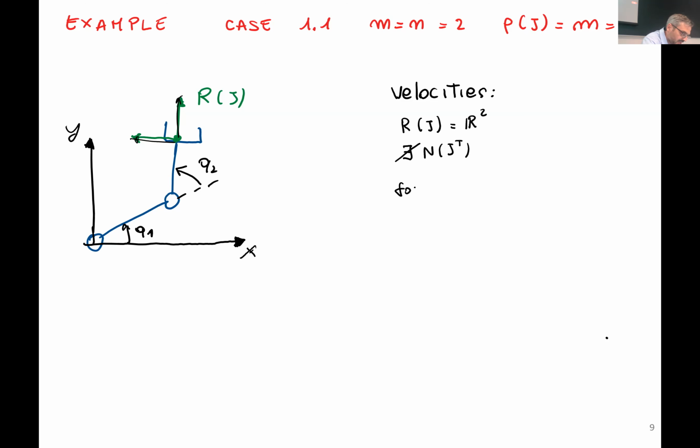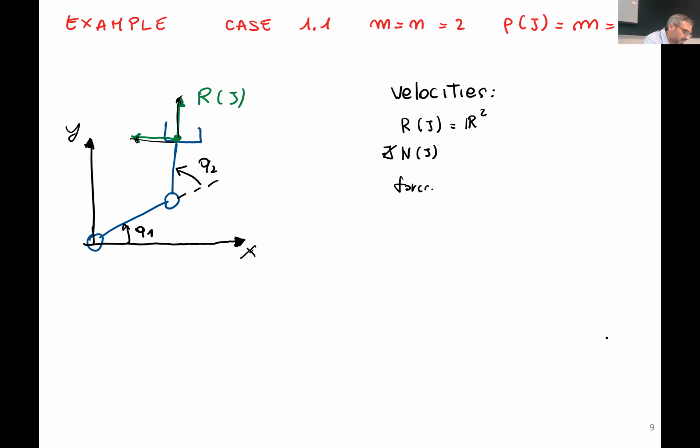This is for velocity, so we want to analyze the null space of J, and the null space of J doesn't exist because we don't have any redundancy.